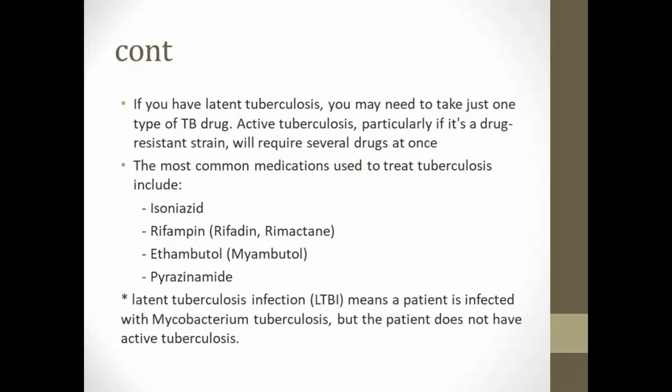The most common medications used to treat tuberculosis are isoniazid, rifampin, ethambutol, pyrazinamide. For your information, latent tuberculosis infection means the patient is infected by Mycobacterium tuberculosis, but the patient does not have active tuberculosis.